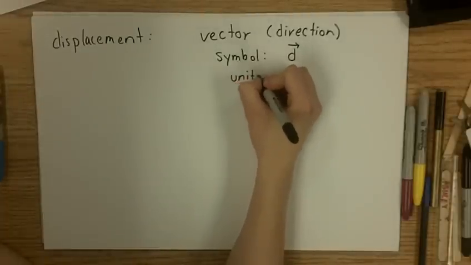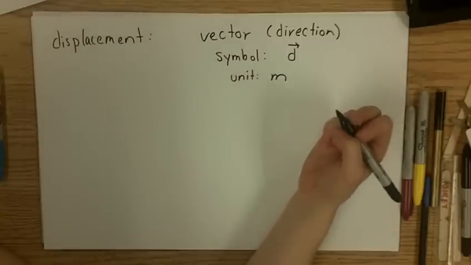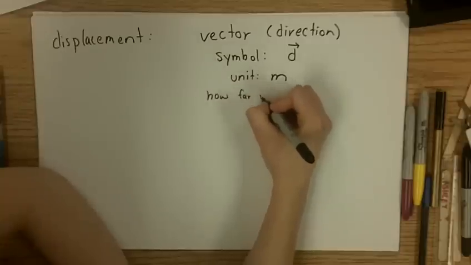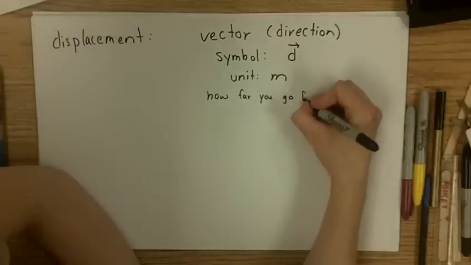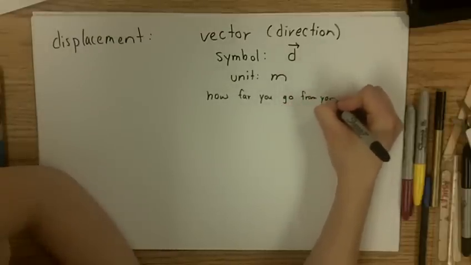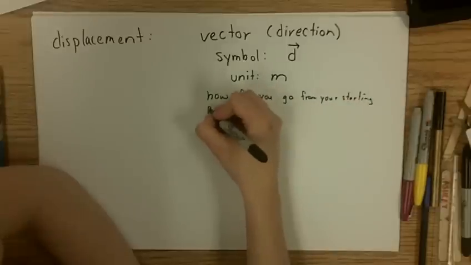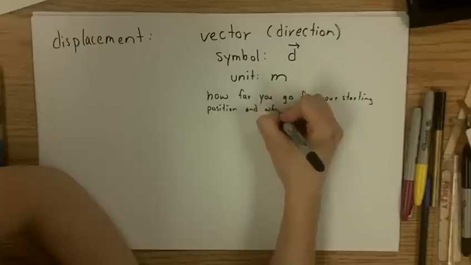The unit is also a meter, and the definition is slightly different. It is how far you go, not in total, but from your starting position and which way.